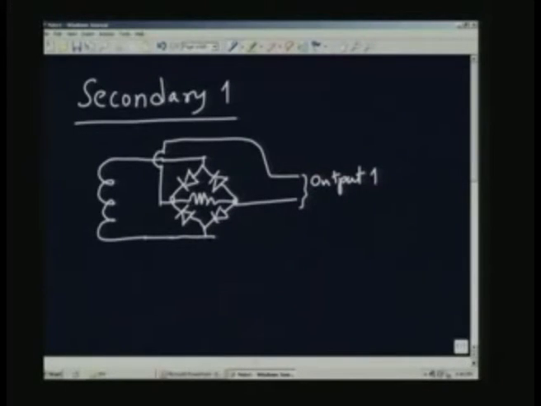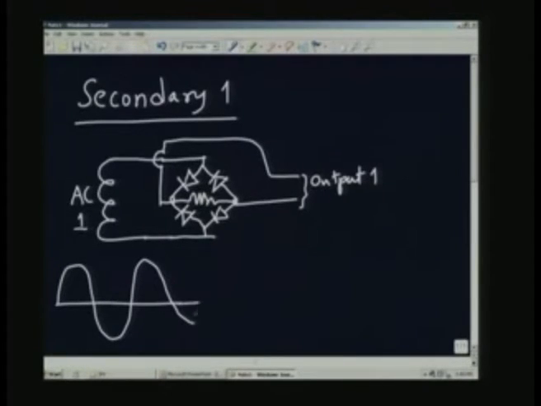So if I look at the AC output 1, it will show something like this. This is output number 1, and what comes out as output here will be full wave rectified. So I will get something like this.